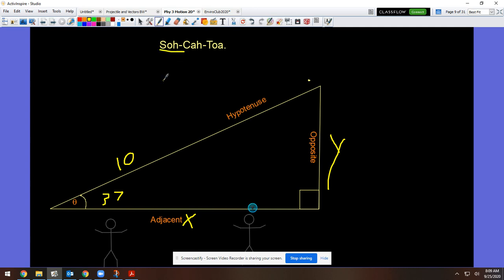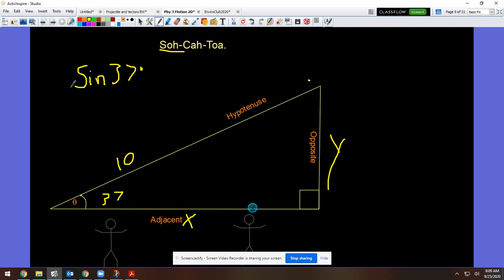So let's figure this out with SOHCAHTOA here. So sine, I would set this up to calculate. I'd say the sine of 37 degrees. Warning, if your calculator has been reset recently, you may not be in degrees, you might be in radians.